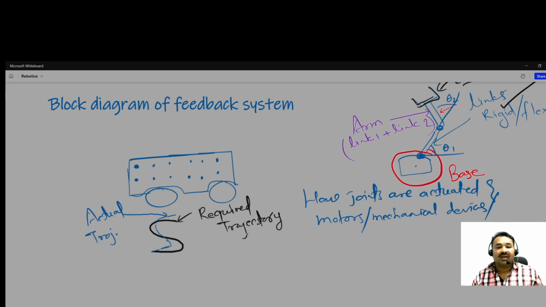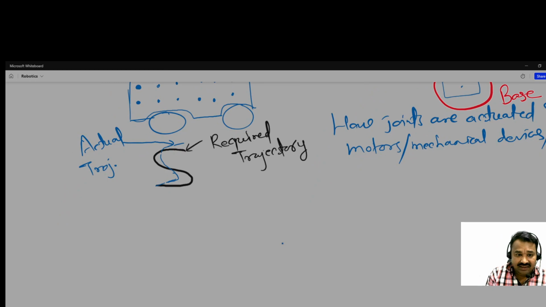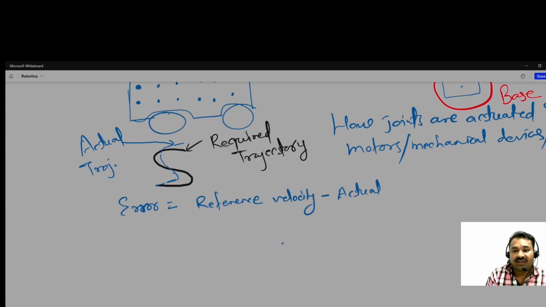So what will be the problem due to this error? And what is the error? Error means the reference velocity minus the actual velocity.